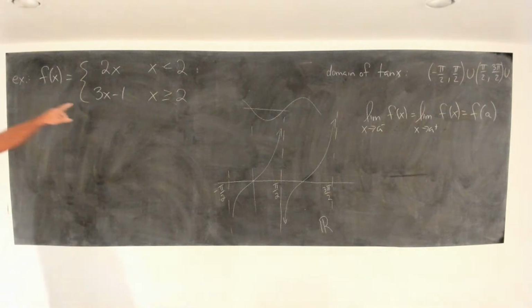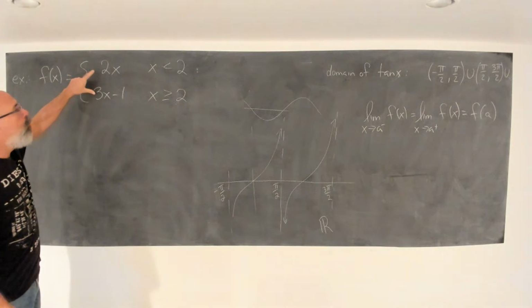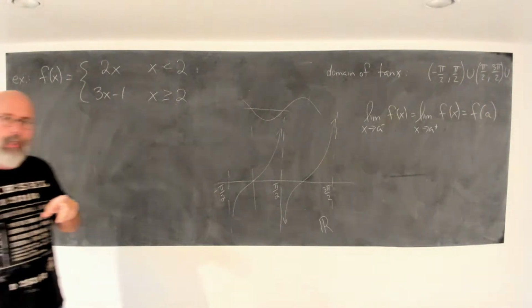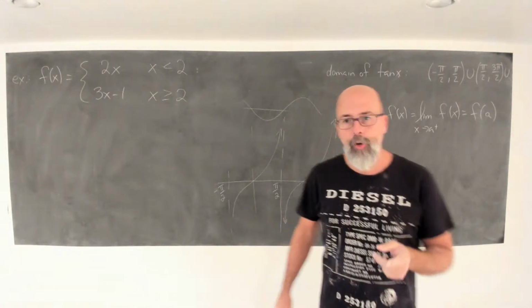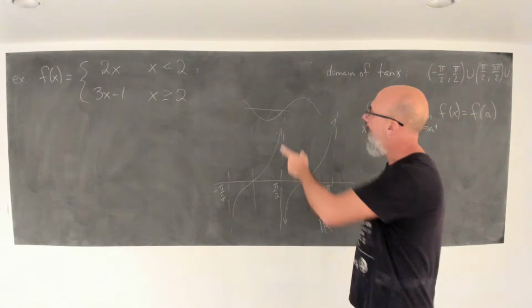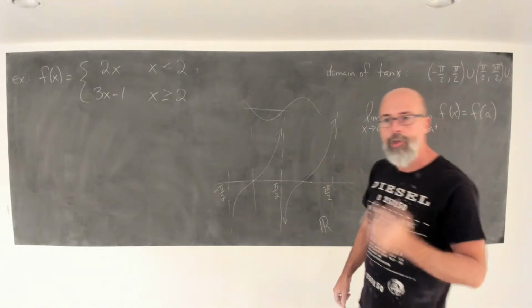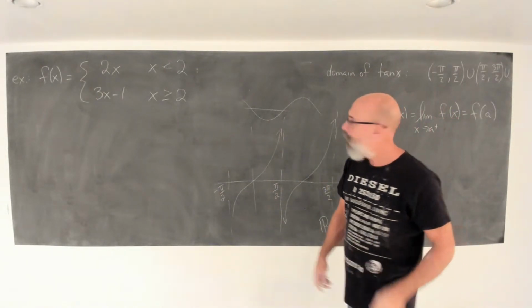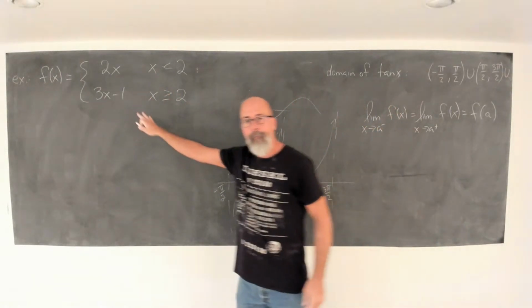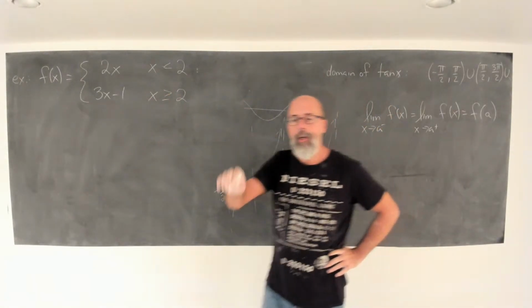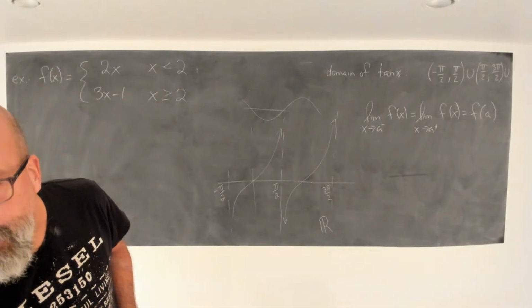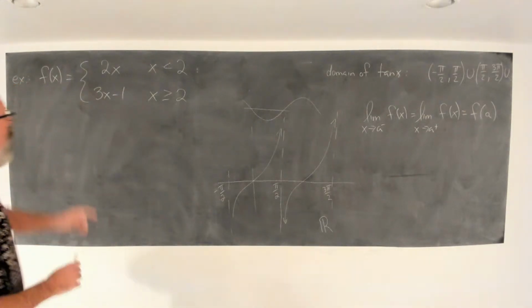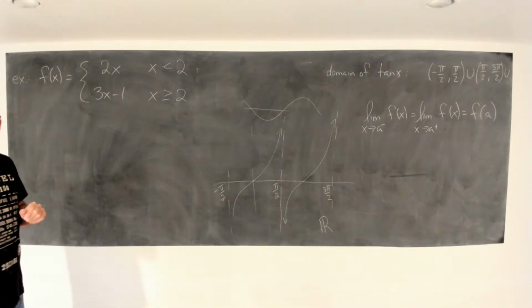So let's talk about the continuity of this function. First of all, this function is made up of two pieces, each piece being a polynomial. And from property 10, we understand that polynomials are continuous. So this function is going to be continuous everywhere, except possibly at the point where it switches.